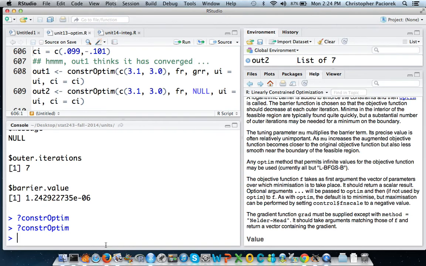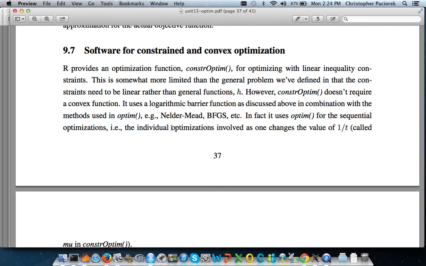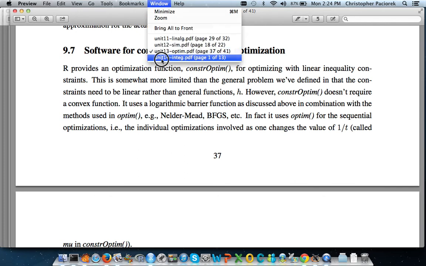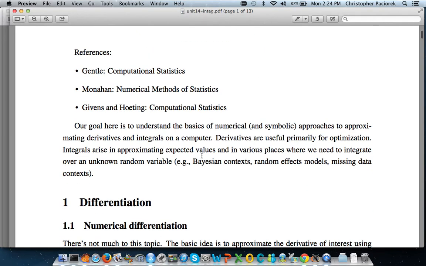Okay, so let's switch over to the integration and differentiation unit. The idea here is just to explore fairly briefly what is going to happen on a computer if you try to numerically estimate a derivative or numerically estimate an integral.